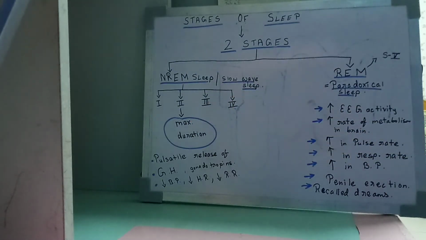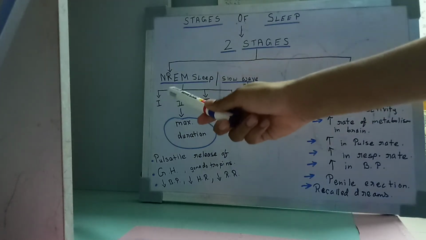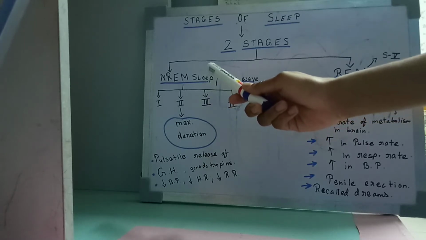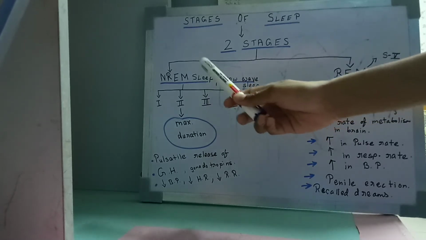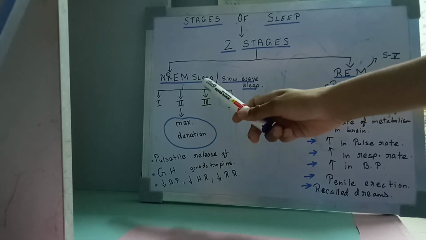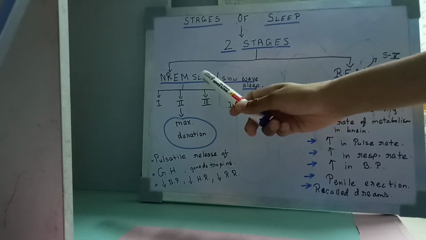Now, my friends, remember that stage 1 is the first stage, when we just lie down on the bed and try to go to sleep. So this is the first stage which actually begins, and the sleep in this stage is very light.